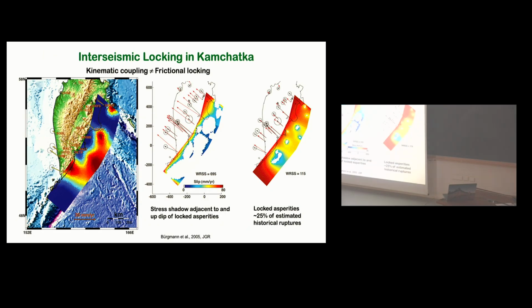Now, over 20 years ago, we found something very, very similar when we tried to model the coupling on the subduction thrust much further west in Kamchatka using the same kind of surface velocities. This is a smooth, Laplacian smooth kinematic inversion. And then I ran into the same problem here, where if we lock all the known coseismic slip zone, or thought to be known slip zones, we way over predict the coupling.